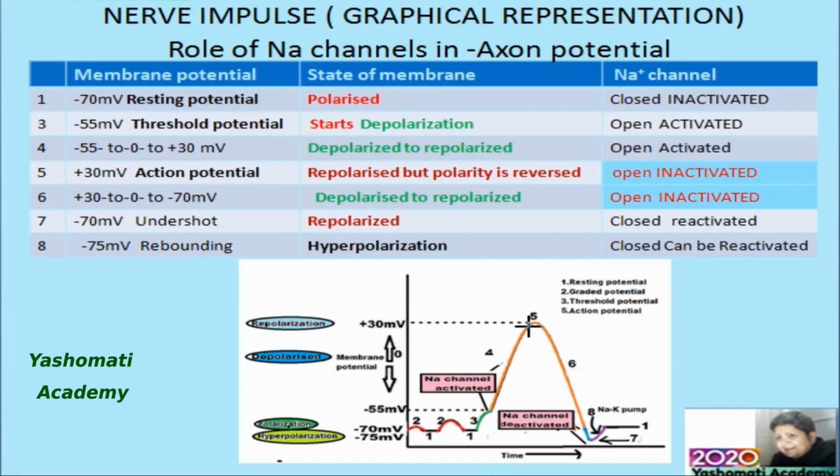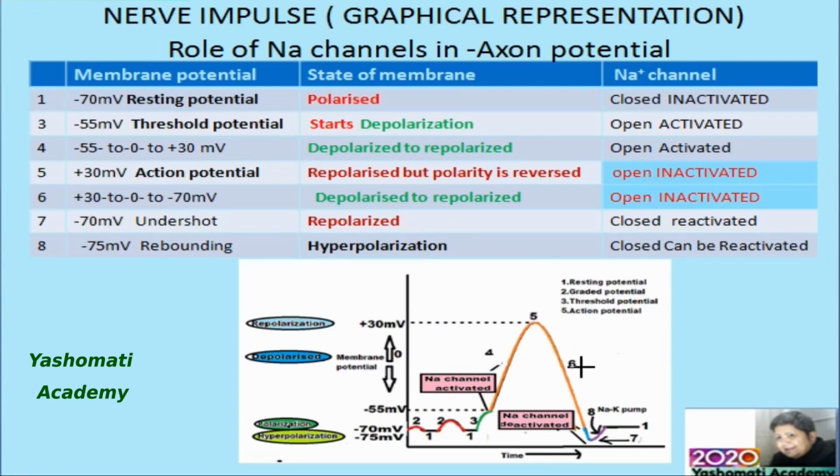Because of that, what will happen? The potential will start decreasing. This is the state which has been shown as 6. That means the action potential is the maximum potential, because as the potential reaches 30 millivolt, the potassium channel gets activated, and because of that, the potential starts decreasing.